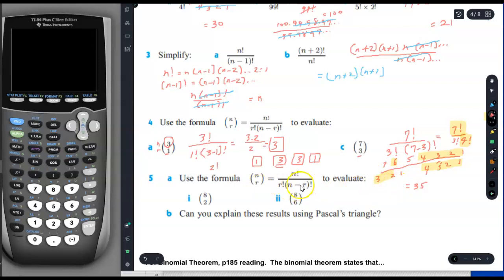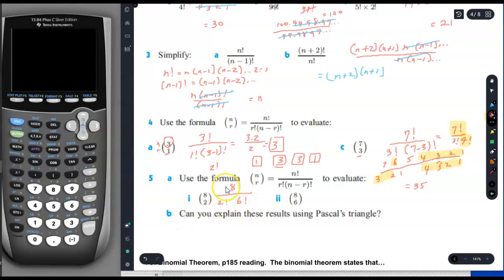Okay, now we're going to use the same formula to do 8 choose 2 and 8 choose 6. So let's do that real quick. 8 choose 2, remember, is 8 factorial divided by 2 factorial times 8 minus 2 factorial, which is 6 factorial. Okay. If we were going to do this, I could write out 8 times 7 times 6 times 5, and then on the bottom, 6 times 5.